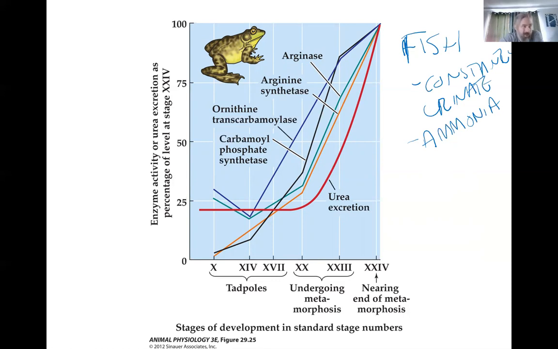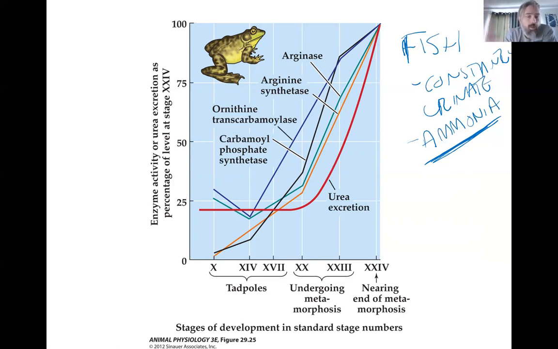Well, the same basic conditions are what's present in tadpoles. They have the same problem, right? And so tadpoles are, because they're spending so much energy trying to grow and to not be eaten, if they can save energy anywhere, they're going to do it. And they're going to save energy by producing ammonia, right? Because they live in fresh water, they can constantly urinate, they don't have to worry about this stuff.